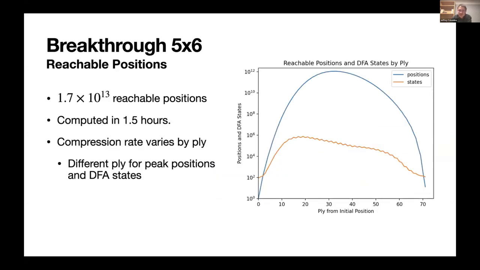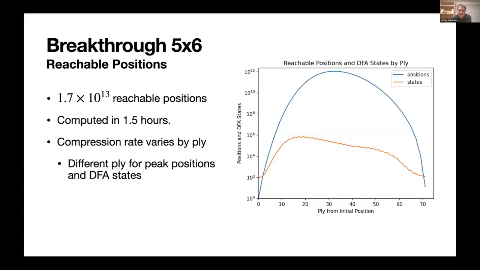For the one that we did, the biggest, hardest one that we did solve, this was the 5x6 size, which had previously been attempted. There are 10 to the 13 and change reachable positions. We were able to enumerate all of these using the forward move generation in an hour and a half on a laptop. Actually, the laptop that I'm presenting on now can do that.